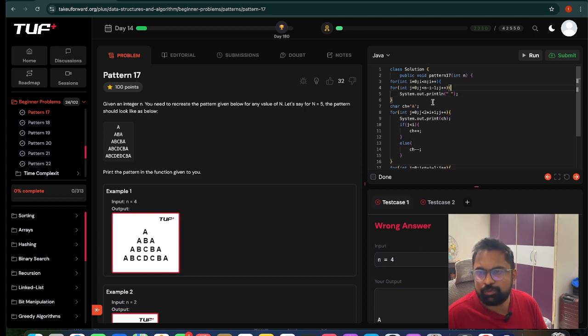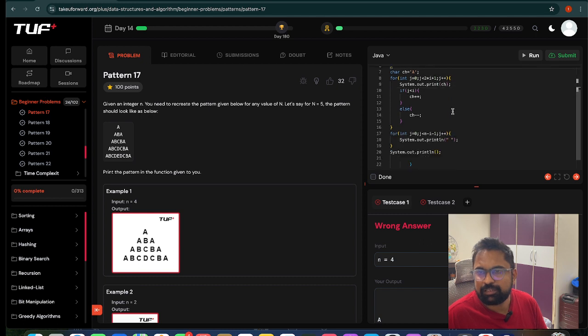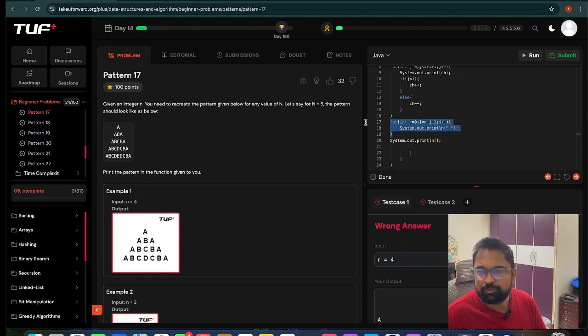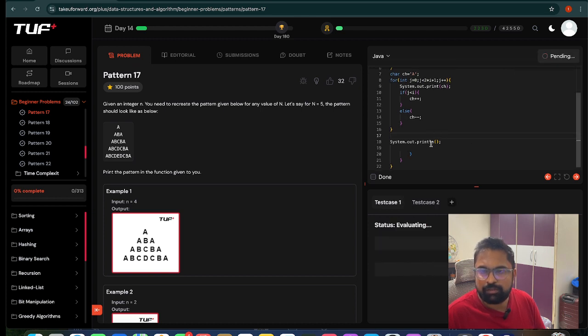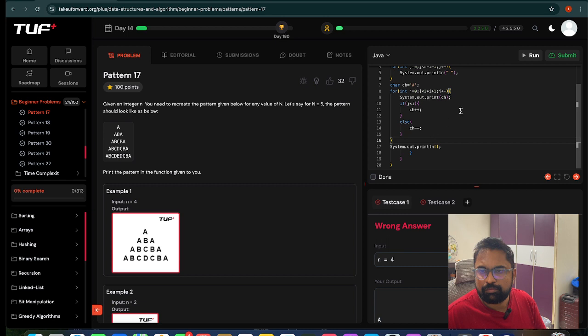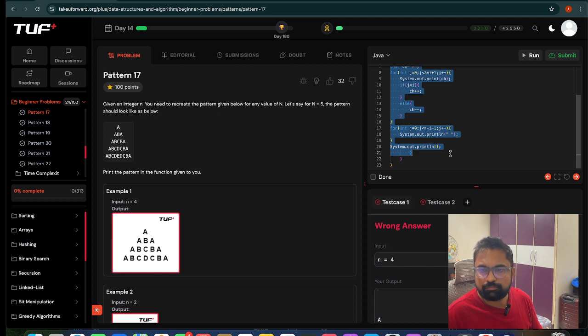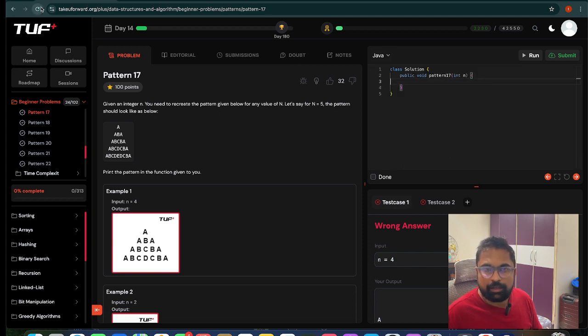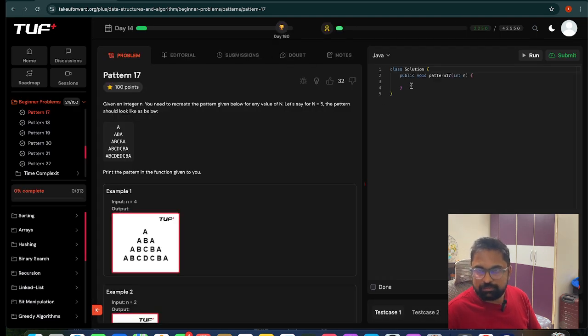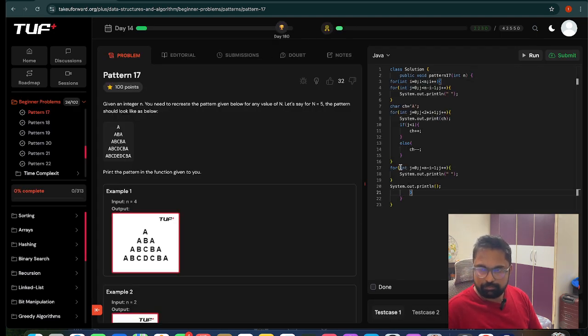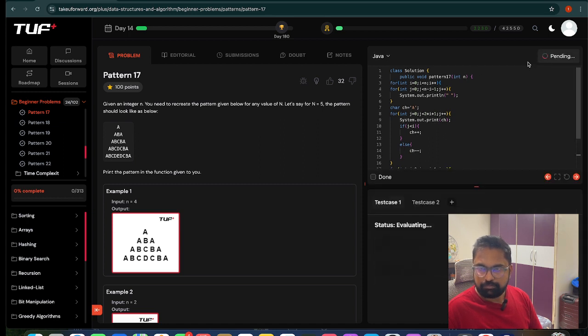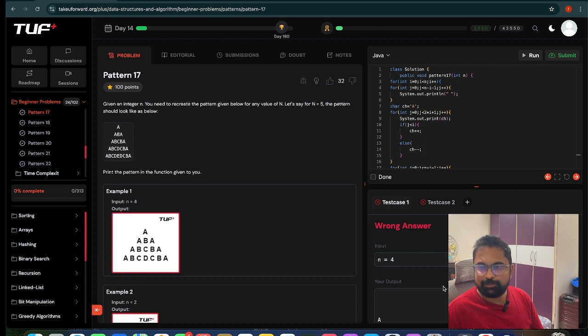This is the first for loop, no, that shouldn't be an issue. Let me copy this and refresh maybe once. Sometimes it gives weird errors. I don't know what is happening.